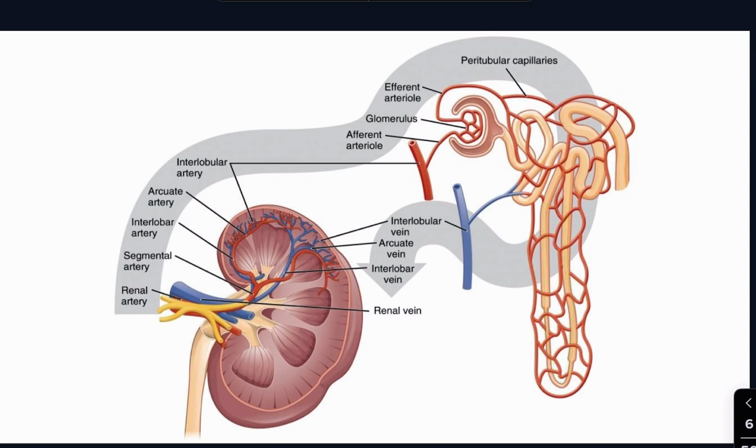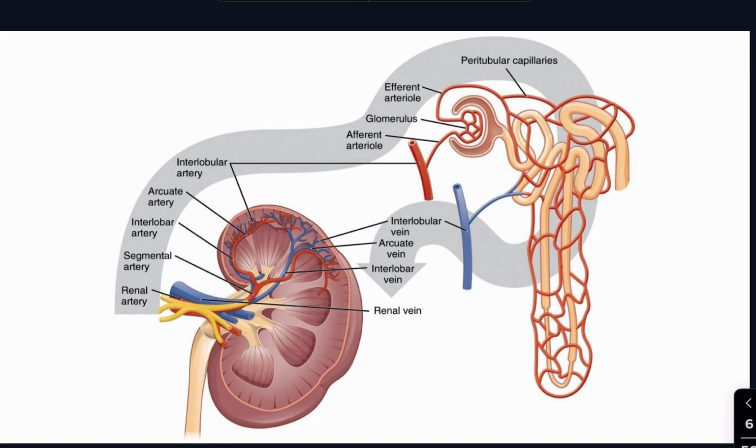We have all these different tubes, and they're all going to be allowing certain things through. Every section of the tubule of the nephron is going to be permeable to very specific substances. So these peritubular capillaries are there just so that there's easy transport from the nephron into the blood circulation, okay?